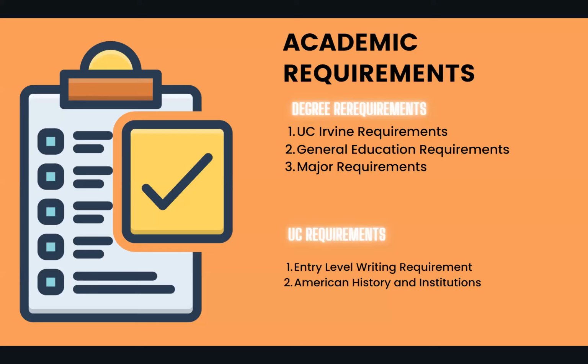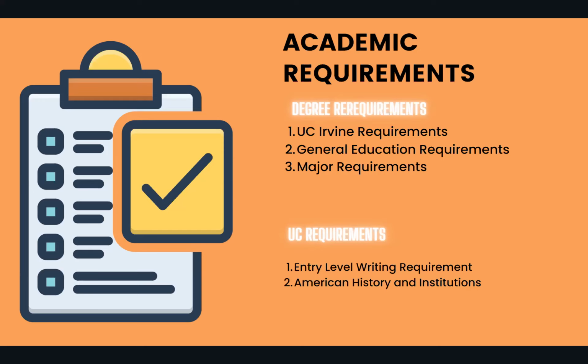Academic requirements. In order to get your degree certified, which is the goal for everyone here today, you need to complete 3 different sections or categories. The first section is UC requirements. The UC system requires that all students complete a US history and a US government course.